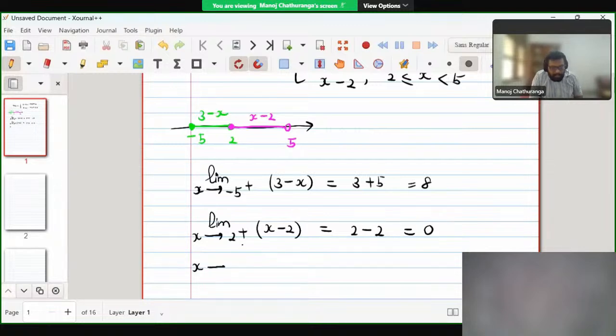In the same way, we can look at what happens when we go to 2 from the left-hand side. Take a point close to 2, but to the left-hand side. So on the left-hand side, the function is defined by this rule, 3 minus x.